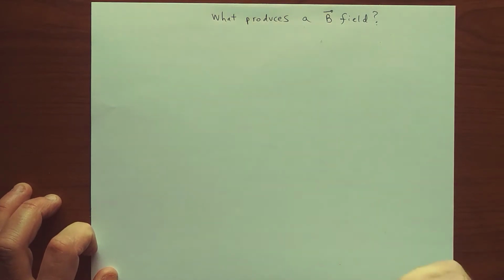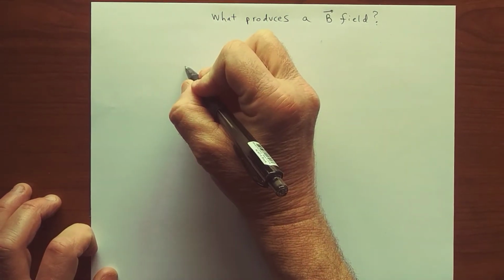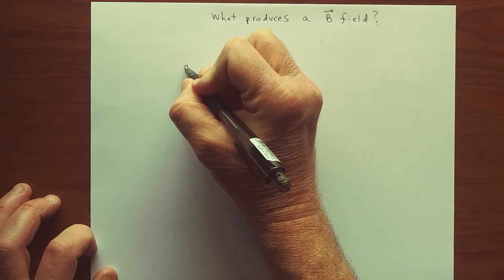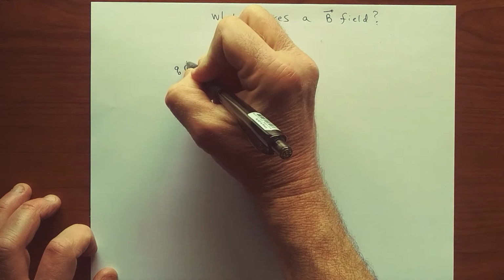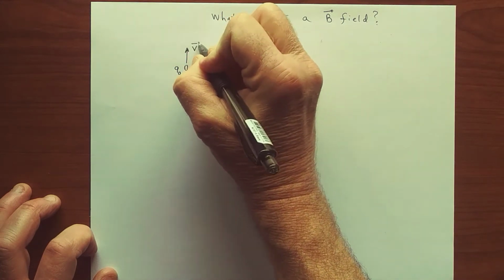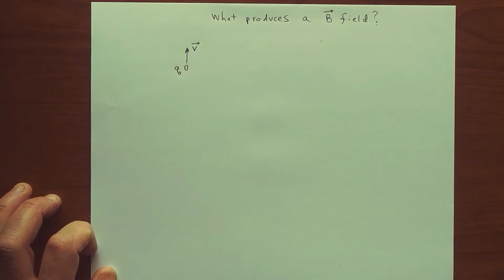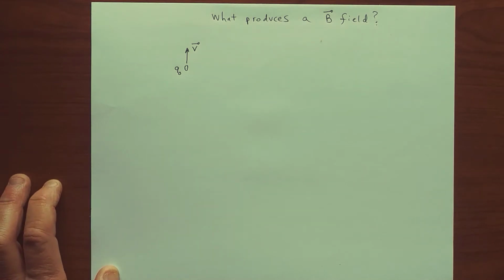So we can imagine that we have a charged particle of charge q naught, and it's moving with some velocity v that way. And we have a detector that measures the magnetic field, and we can do some experiments.